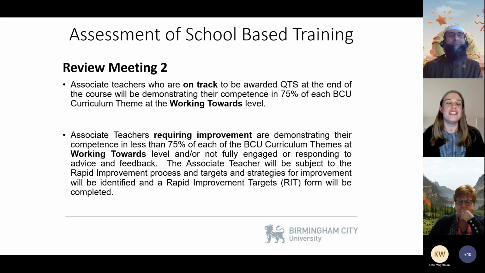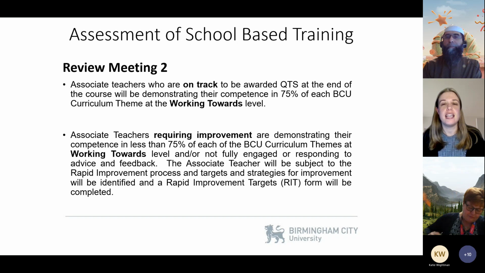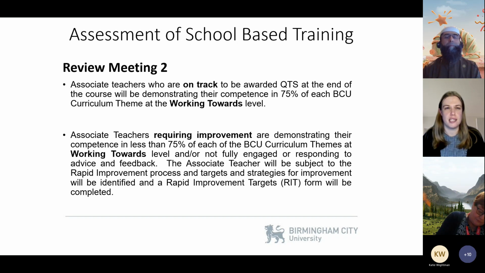Yes, thank you. So in terms of the assessment of the school-based training, the assessment is based around the tracker, which was shared on a previous slide. At the review meeting, we are saying that trainees who are on track to pass the placement at the end will have, within that first column, working towards, about 75% of each of the key themes highlighted.